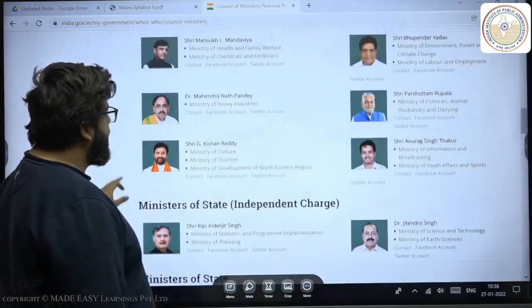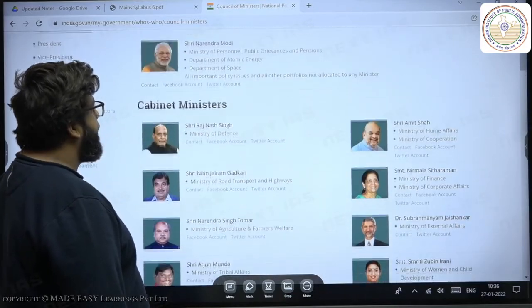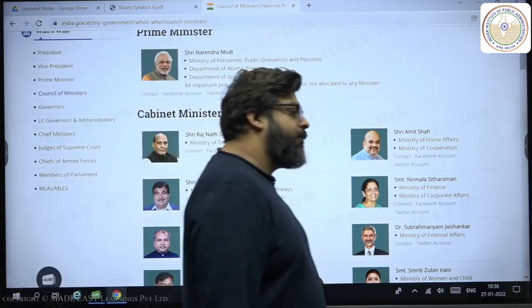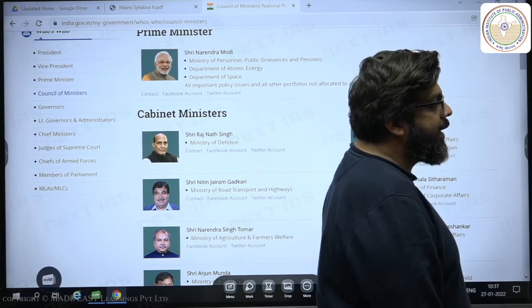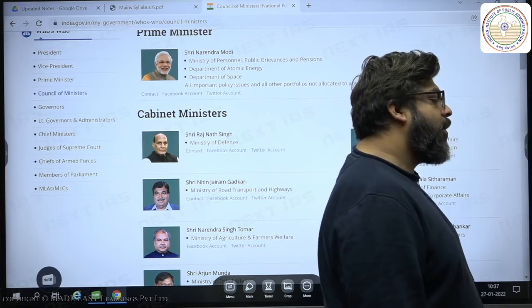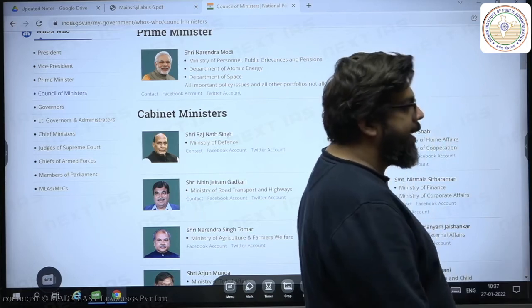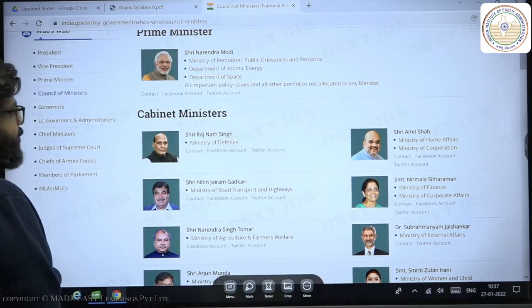Now what happens here is that right now we look at ministers and cabinet ministers as equivalent terms, but that's actually not the case. The cabinet can be a smaller section of the council of ministers, right? But you can call it interchangeably, that is fine, that's entirely up to the government.